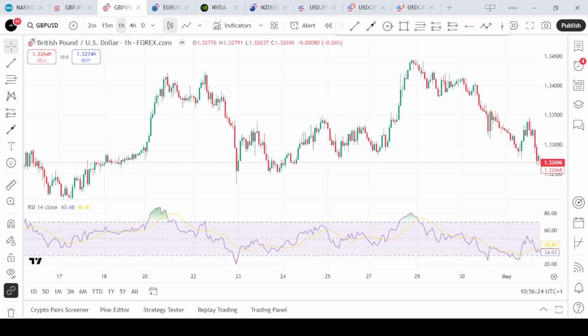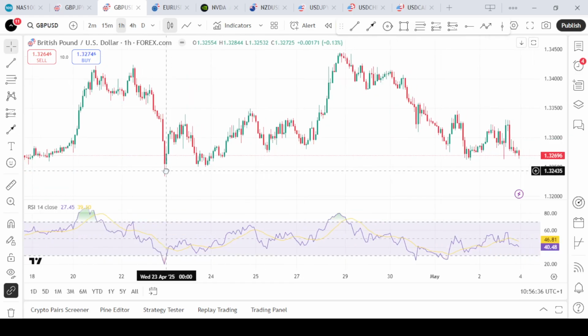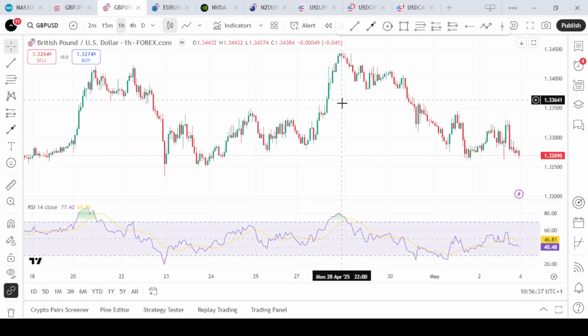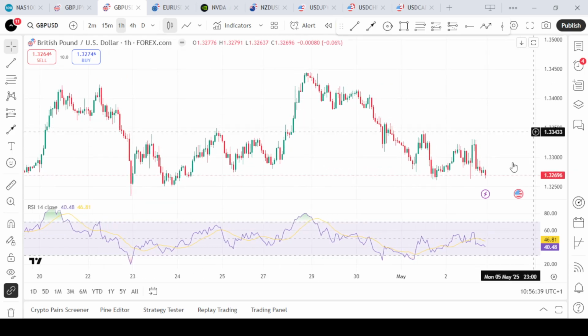The overbought and oversold RSI strategy is one of the most reliable approaches for day traders. This method capitalizes on market extremes when prices have moved too far in one direction and are likely to reverse.